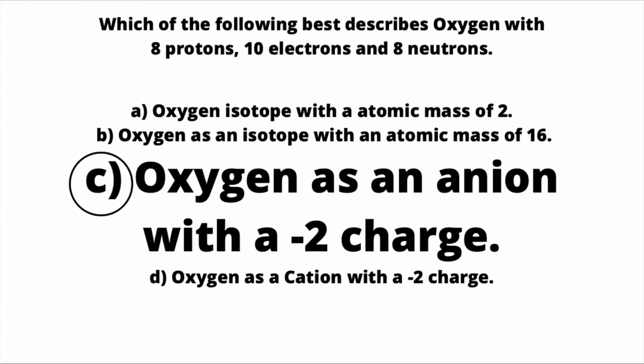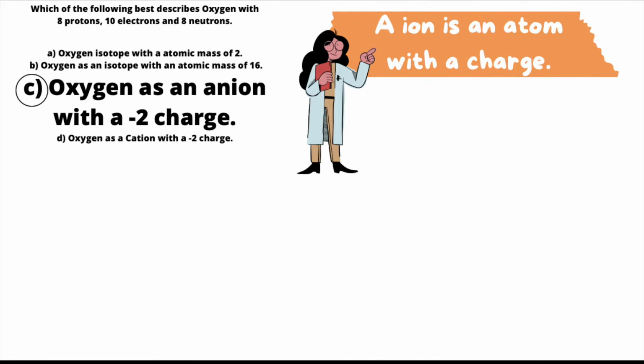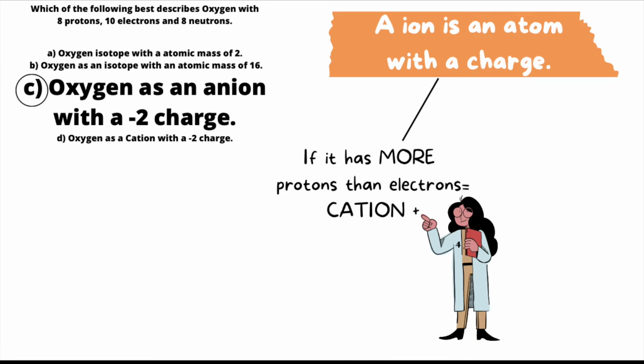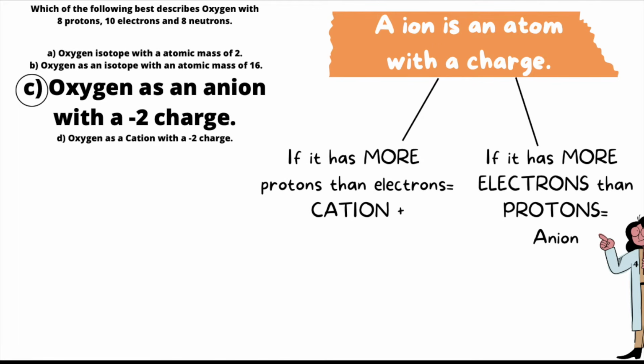Our answer here is C, oxygen as an anion with a -2 charge. An ion is an atom with an electrical charge. An atom gains a charge if the number of protons and electrons differ. In contrast, remember a neutral atom has the same number of protons and electrons. If an atom has more protons than electrons, it is a cation with a positive charge. If it has more electrons than protons, it's called an anion with a negative charge.